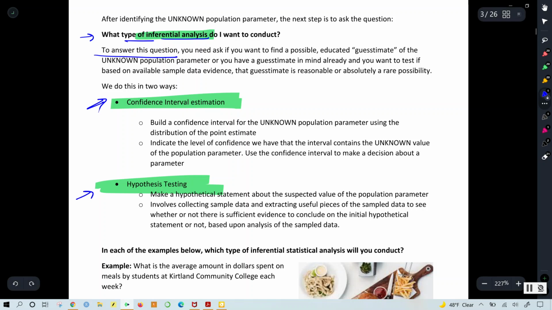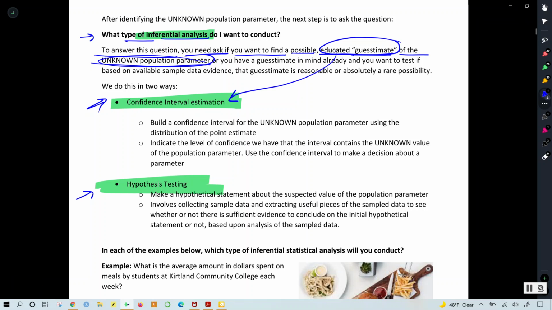To answer this question, you need to ask if you want to find a possible educated guesstimate of the unknown population parameter. So if it's all about just finding an educated guess or estimate of an unknown population parameter, your go-to is confidence interval estimation.